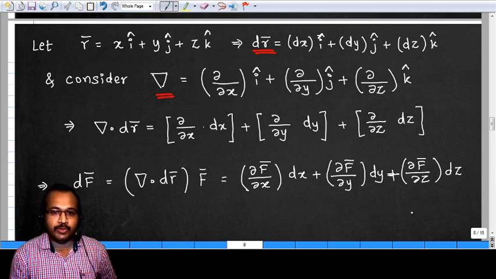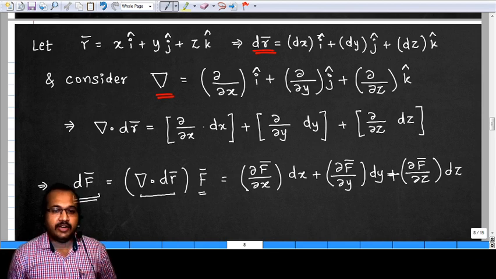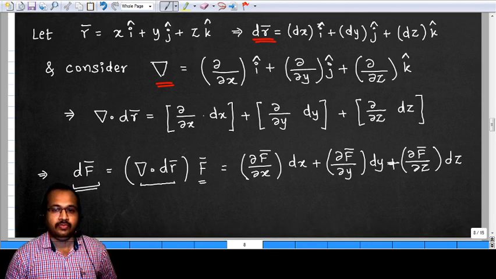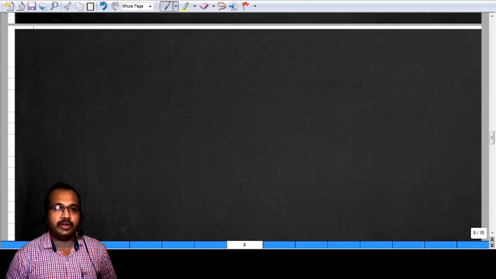That is the previous equation. Since this is a scalar quantity and this is a vector, this will give us the vector differentiation. And here we have defined a vector differentiation operator.